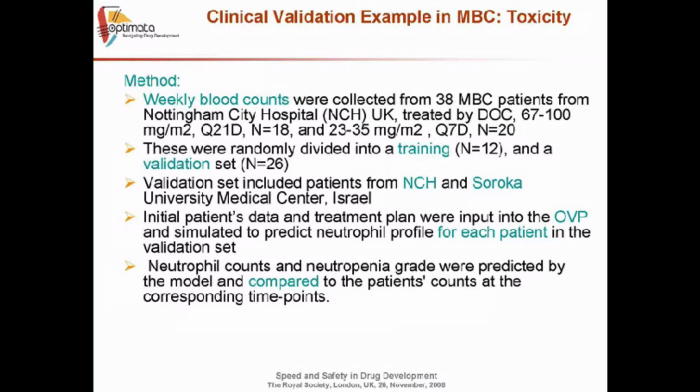And we got initial information about the patients as well as the treatment program, and we predicted the toxicity of that particular docetaxel treatment in individual patients. And in the next panel, I'll show you examples from 4 patients from Soroka Hospital.